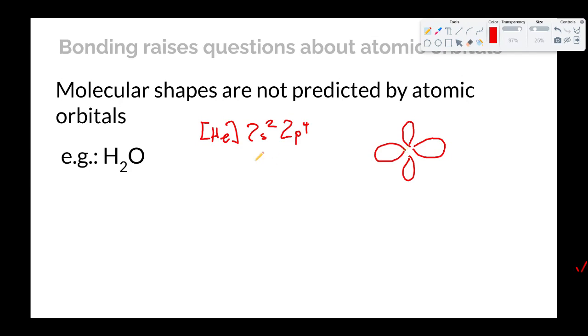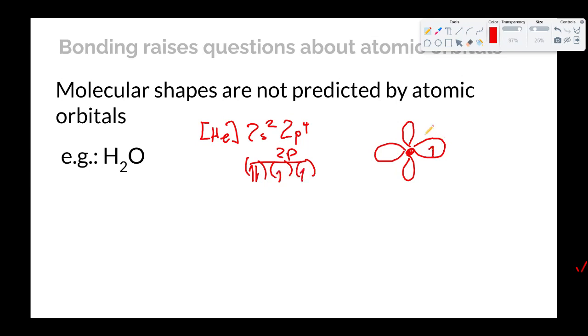So in the orbital notation for the p subshell, one of those orbitals is full. Let's assume that's the one that we can't see because it's coming in and out of the screen. But the other two have one electron each in there.